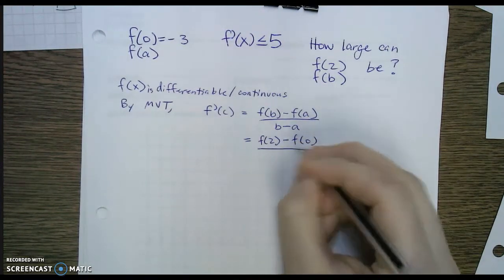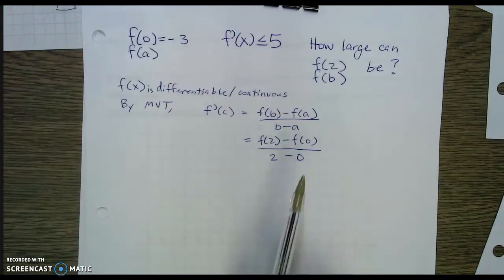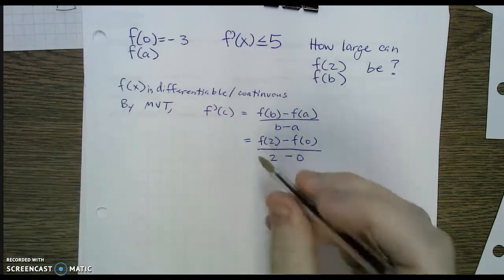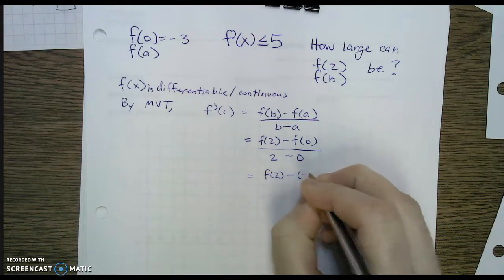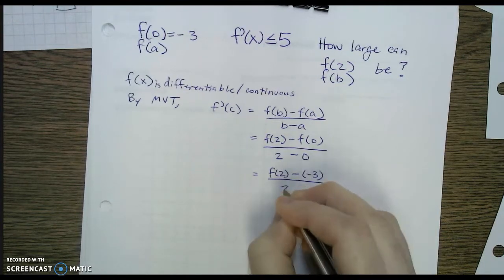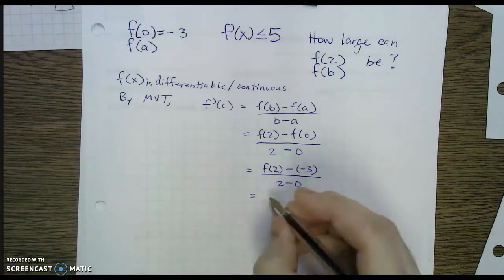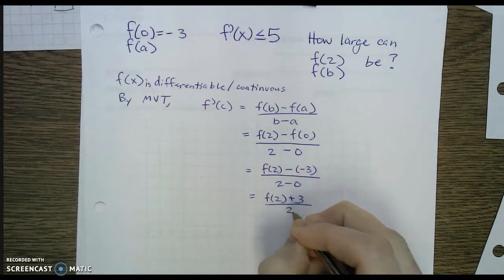And b is 2, and a is 0. And so we don't know what f of 2 is yet, but we do know f of 0 is -3. So we can plug in -3 there. And we can solve that as much as we can. So I'm going to get f of 2 plus 3 over 2.